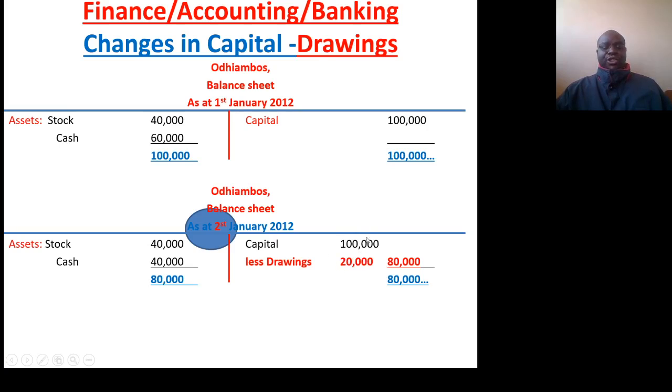So the capital will reduce by 20,000 out of those drawings to 80,000. And on the assets side, the stock still remains 40,000, but cash will be 40,000 out of the drawings that were made from the total cash that was 60,000.